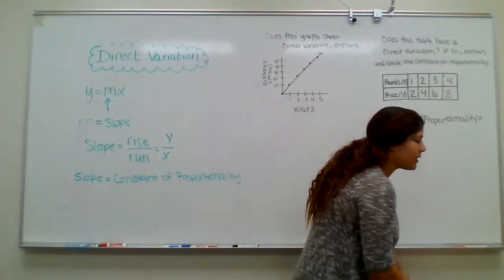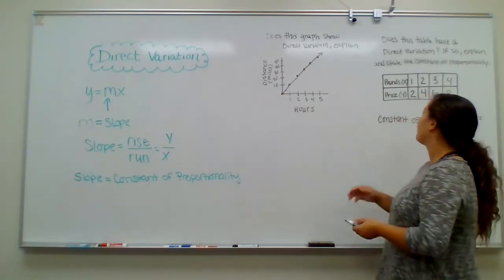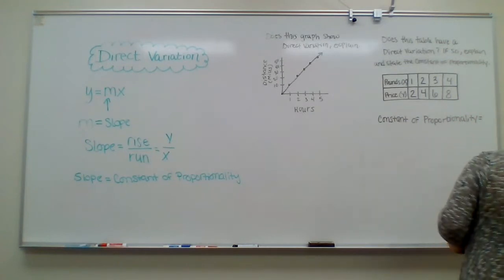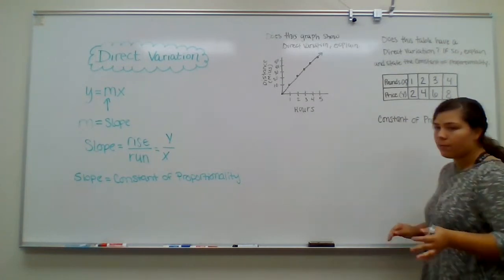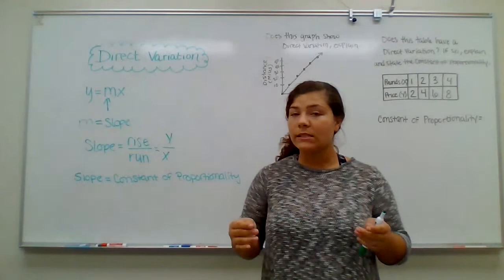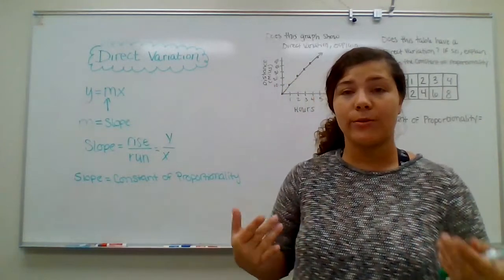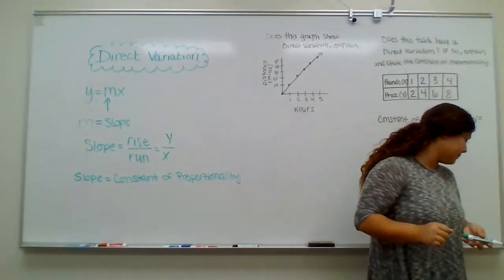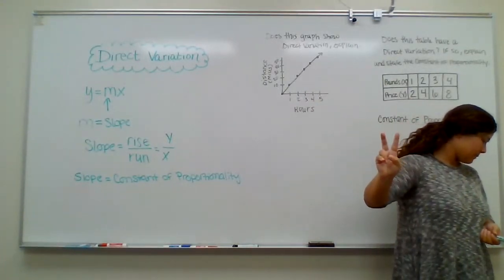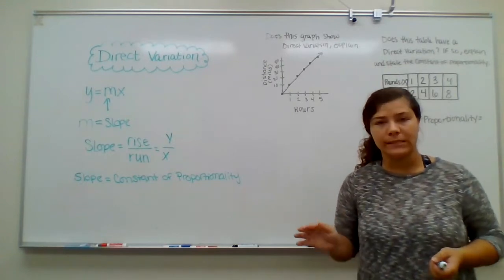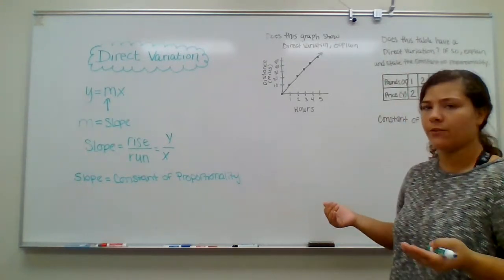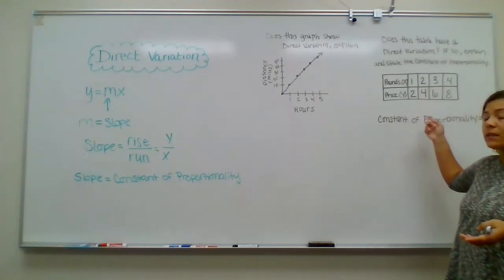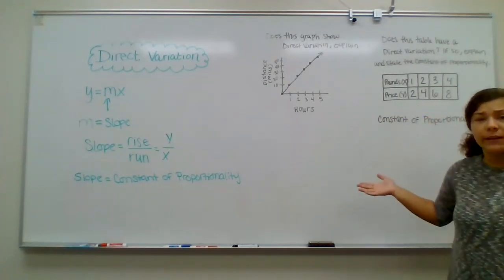So let's go over here and look at this table, okay? On a table, to say that it has a direct variation, you have to have two things. You must be able to say you could plot 0, 0 on that table if needed, even if it's not on there to begin with, like here, you don't see a 0, 0.